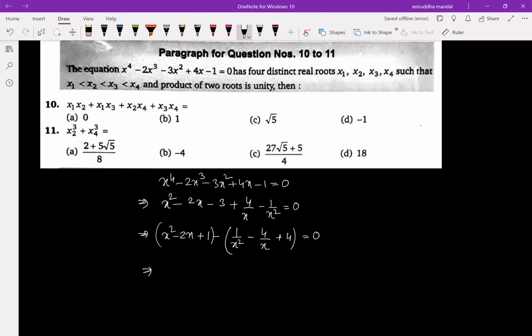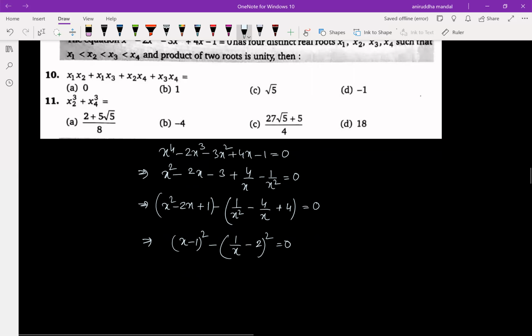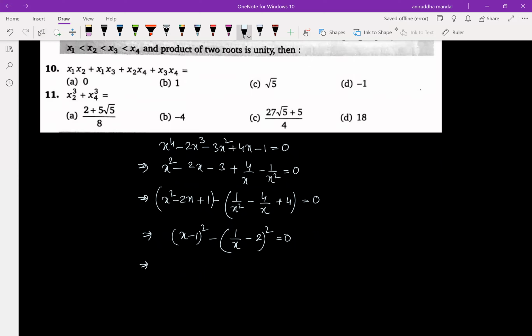So what we have here is x minus 1 whole square, and this is 1 by x minus 2 whole square. If we open it, we can write x minus 1 plus 1 by x minus 2, and second is x minus 1 minus 1 by x plus 2.